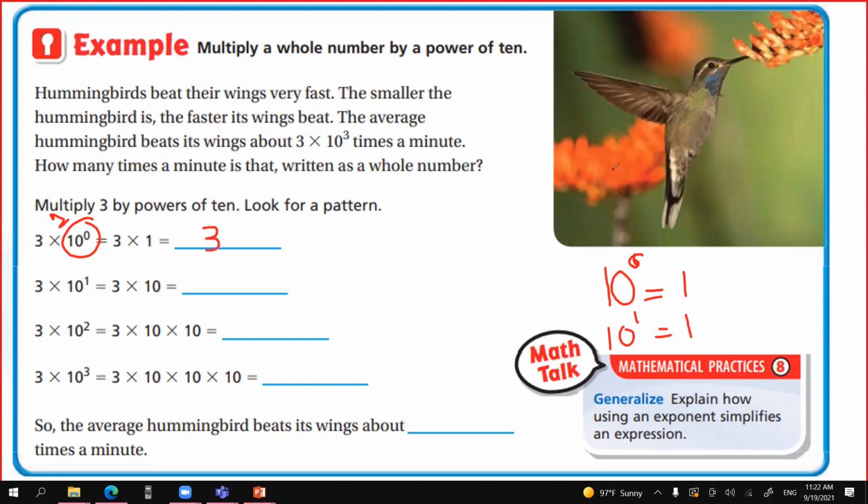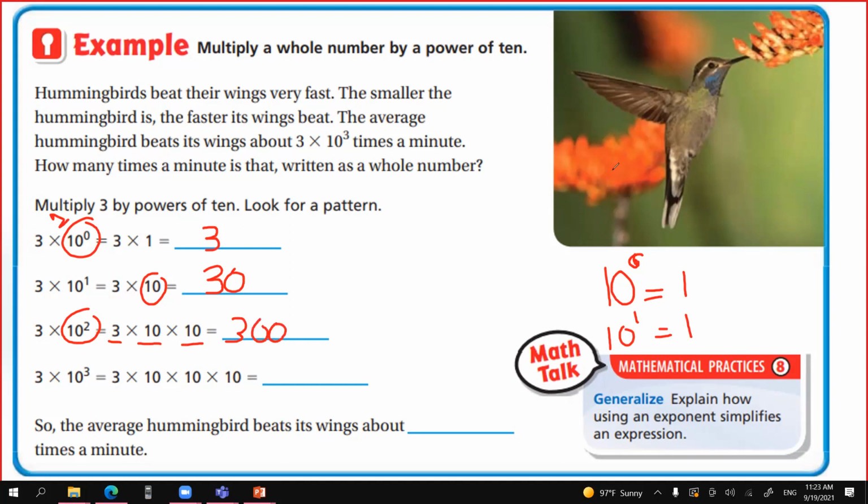Now look at the second one. 3 times 10 to the power 1. 10 to the power 1 means 10. So 3 times 10 is 30. Now 3 times 10 to the power 2. 10 to the power 2 means I repeat 10 two times, so it will be 300.